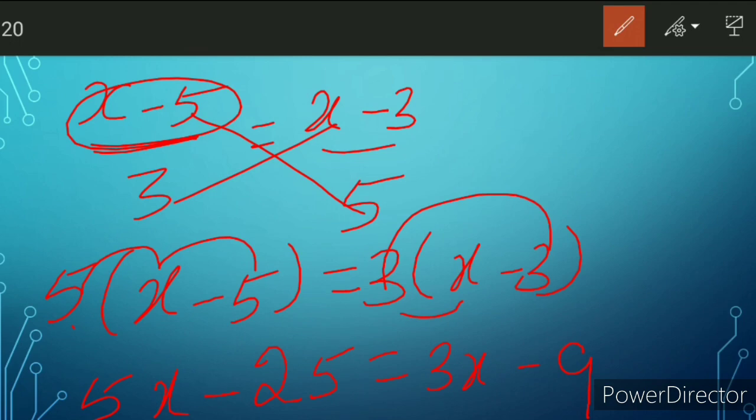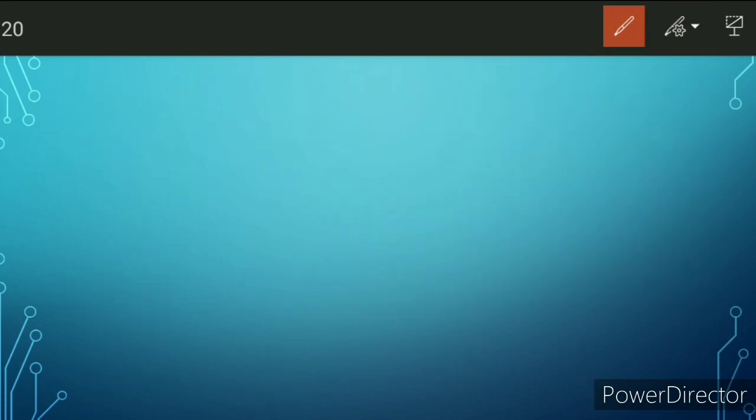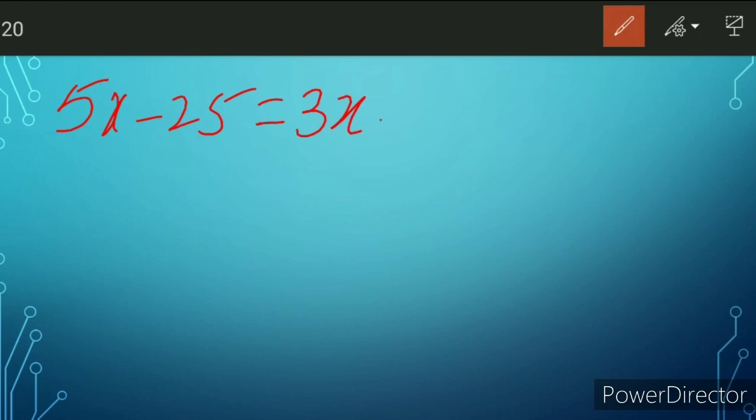Yeah, next transposing method: we'll shift the variable term to one side and the number to the other side. What we are having in the last step: 5x minus 25 is equal to 3x minus 9.